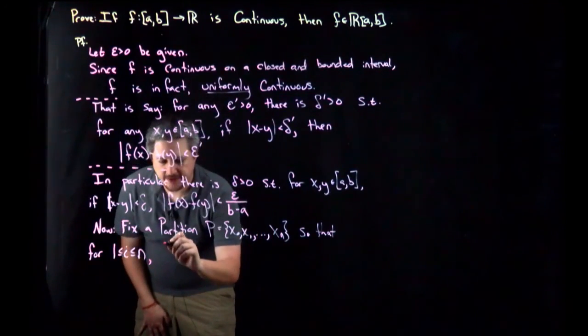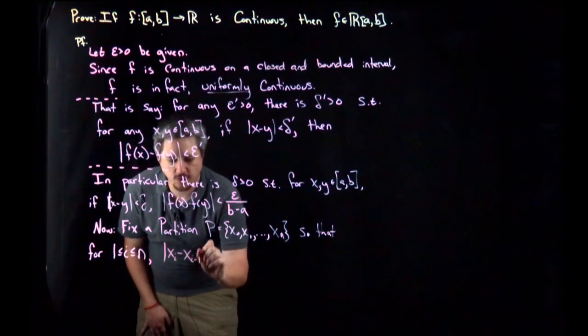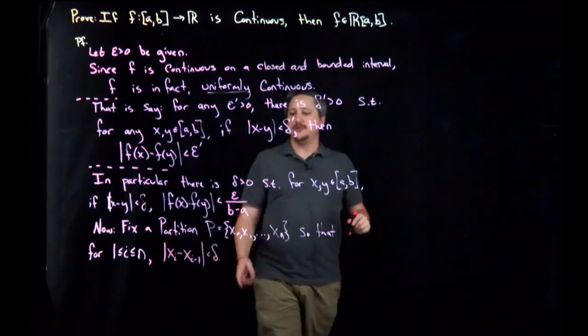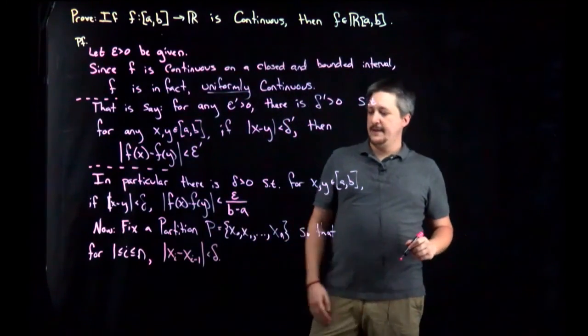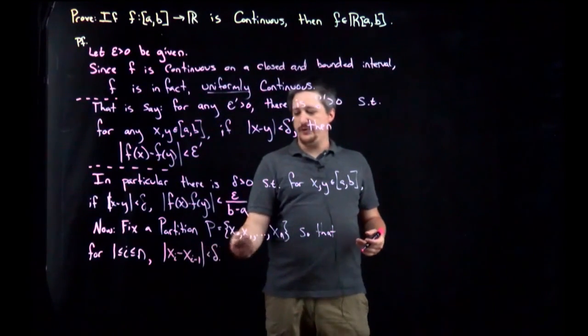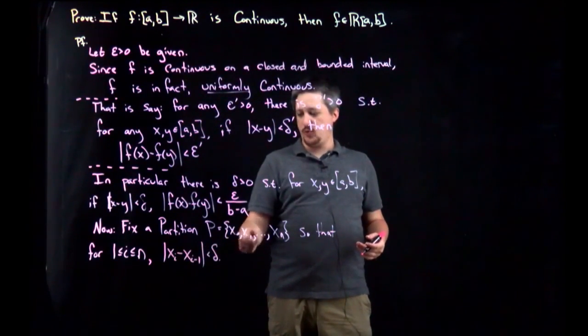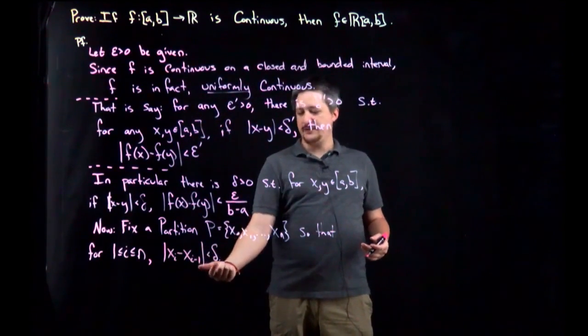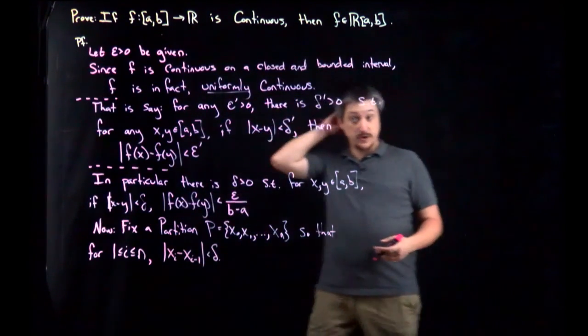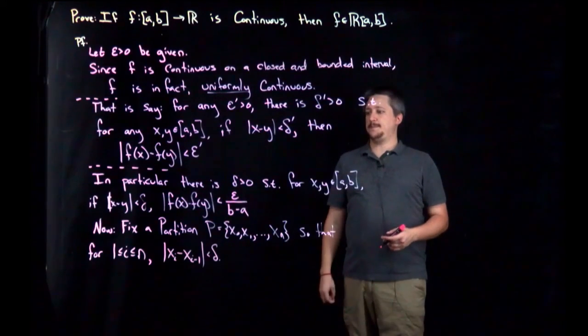I want that the distance between x_i and x_{i-1} is less than delta. So I'm fixing any partition you feel like. It has some n number of these things, but importantly, the distance between any two consecutive ones is less than the delta that I defined up here.